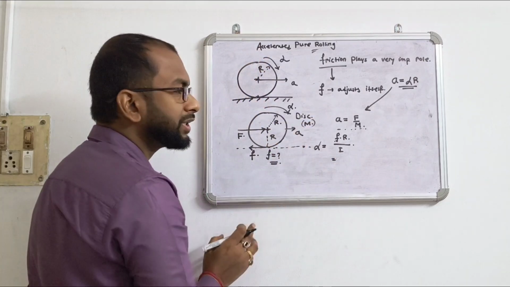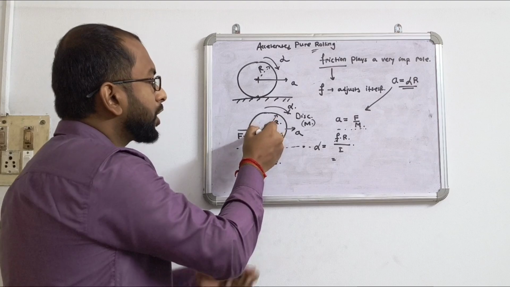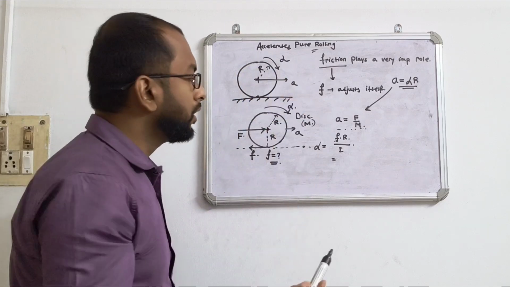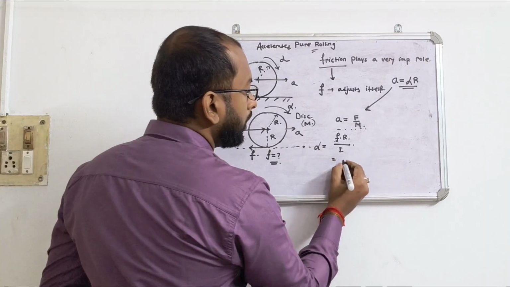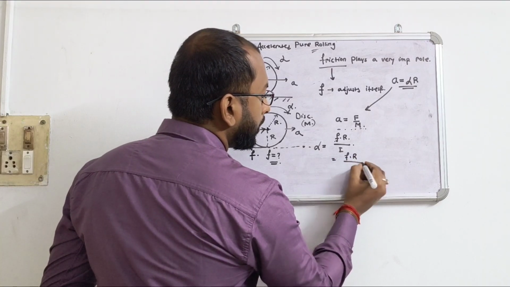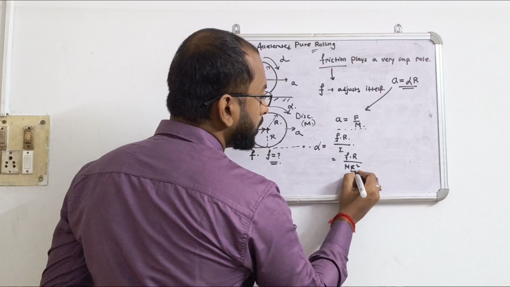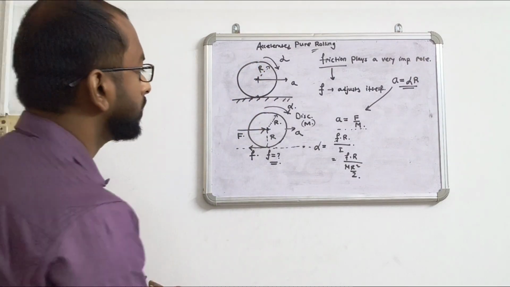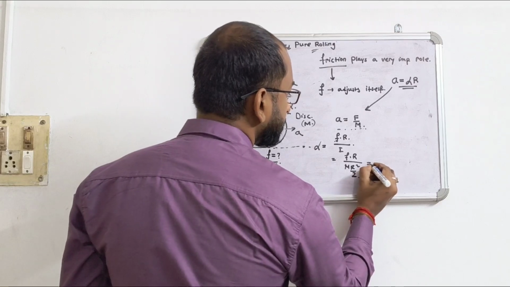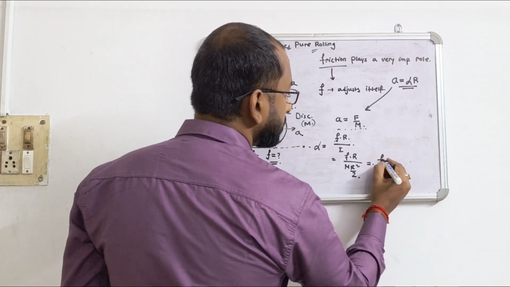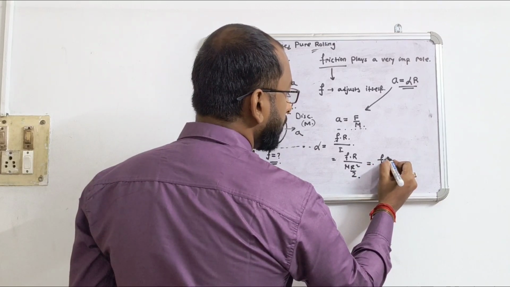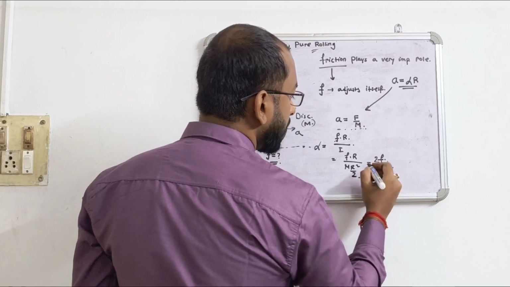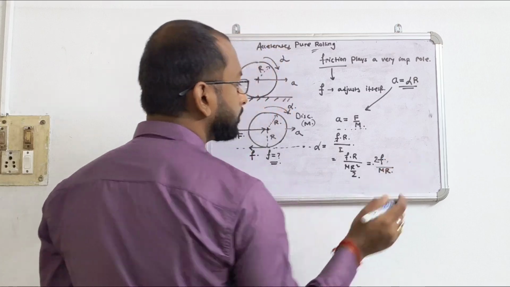For the disc of mass m and radius r, with respect to the axis passing through the center and perpendicular to the plane, moment of inertia is mr square by 2. So we'll just write alpha equals f into R divided by mr square by 2, which is 2f by mr.